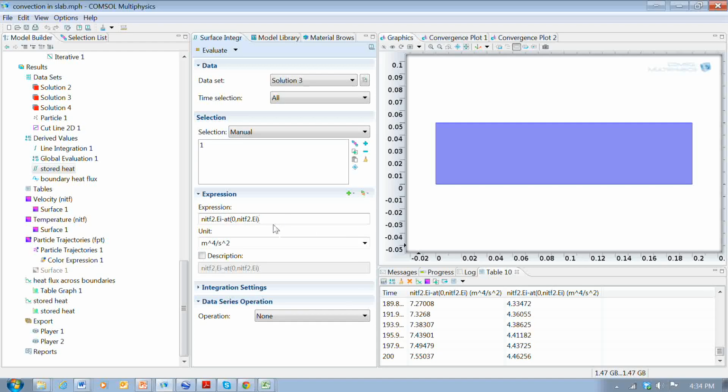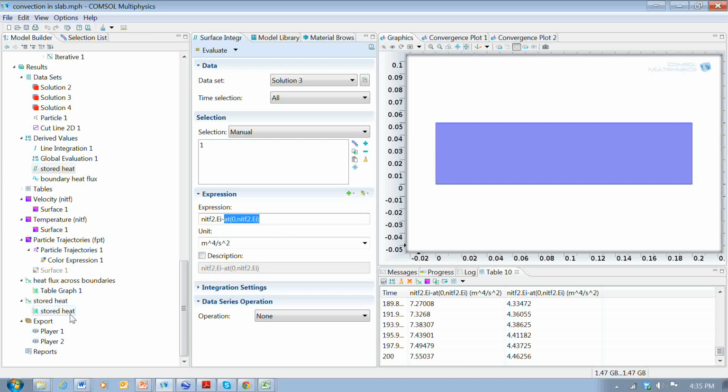What I was interested in is how the stored heat changed. So I took the internal energy minus the internal energy at time equals 0, and I integrated that over this region, and that gives me the total energy that's stored.